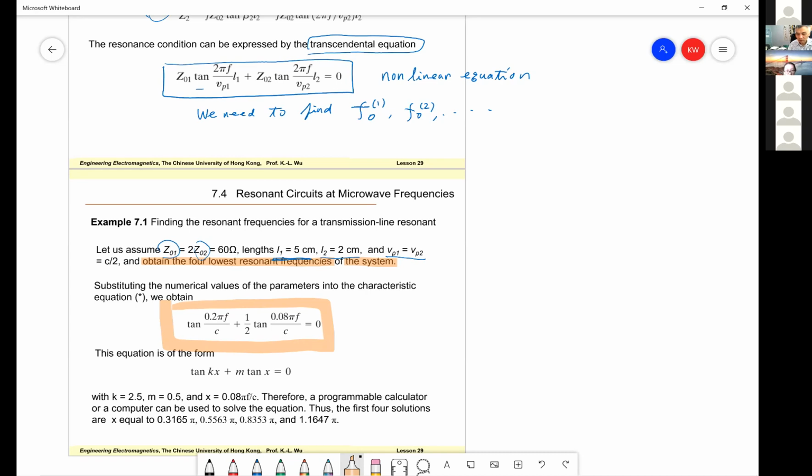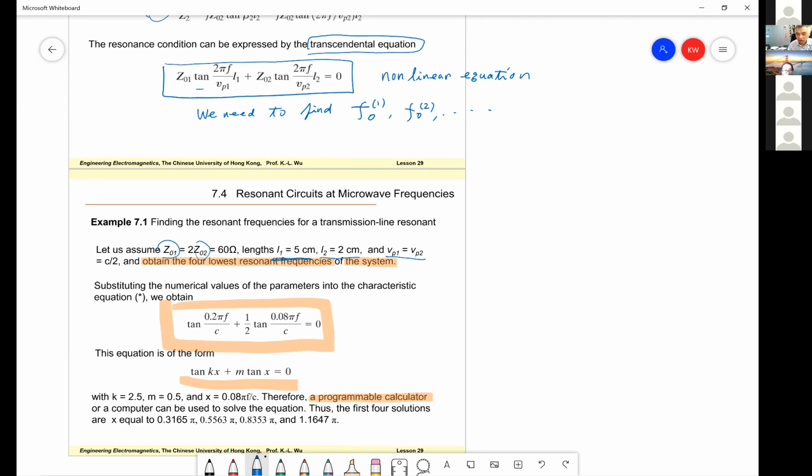In other words, the equation is in this form. Maybe some programmable calculator can do this. I don't know what calculator can calculate this, but I can tell you the general way.